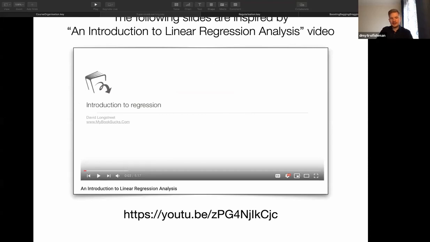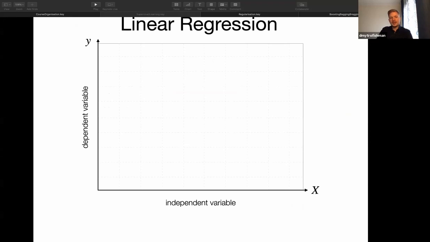It has some stuff about linear regression, so this is just a couple of slides about linear regression. We have an independent variable and a dependent variable. Igor, which one do we predict, the independent or dependent variable? Which one are we interested in? I think dependent.